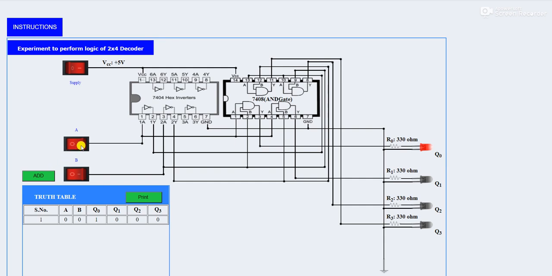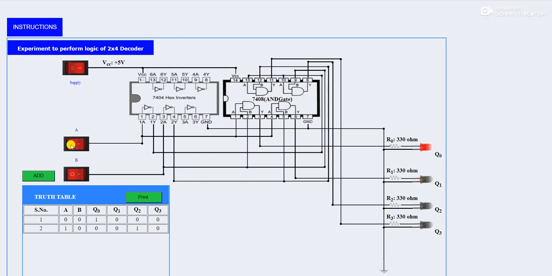Second, for A equal to 0 and B equal to 1. Third, for A equal to 1 and B equal to 0. And the last condition is A equal to 1 and B equal to 1. So the first condition is A equal to 0, B equal to 0. The second condition is A equal to 0, B equal to 1, then the Q1 output will be high. Add these values.